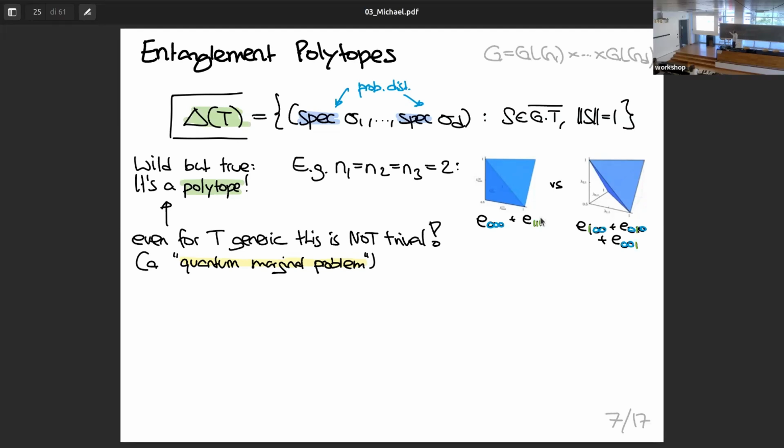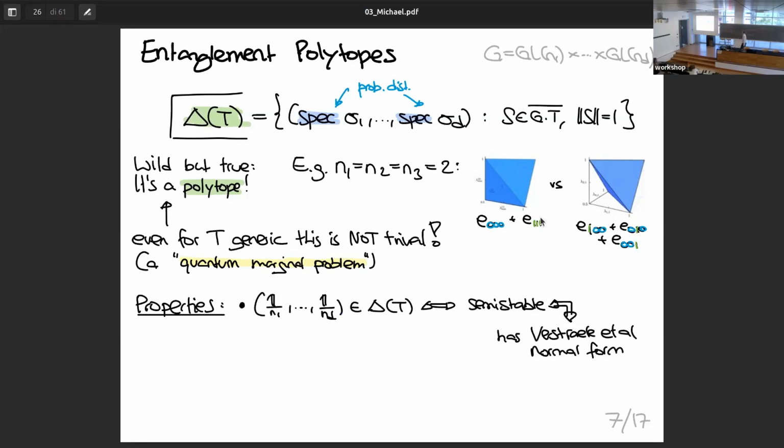But those are more these coordinate walls. Okay? The interior ones, they're interesting. So even for generic T, or if you don't fix T at all, if you just ask what are all the possible marginals of quantum states in a fixed dimension, the kind of marginal problem, as was mentioned in Tonia's talk, in a very different setting, this is not trivial and non-trivial to compute.